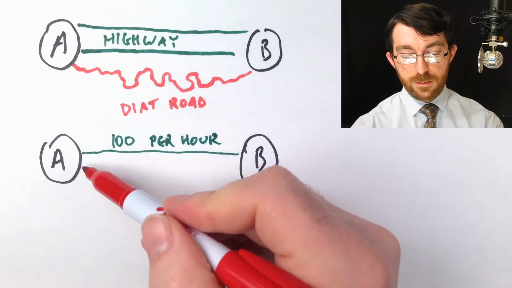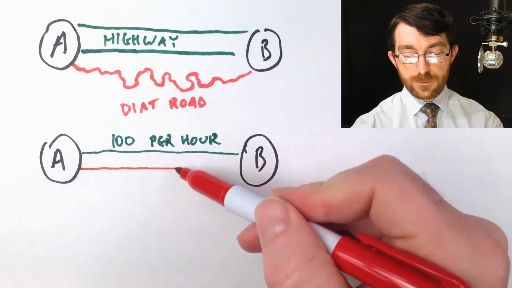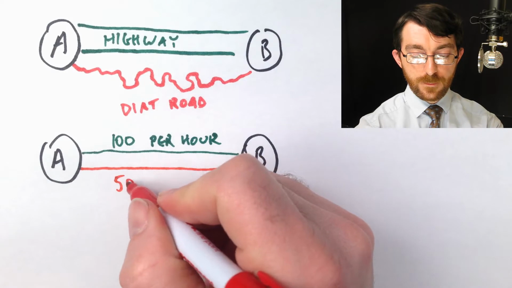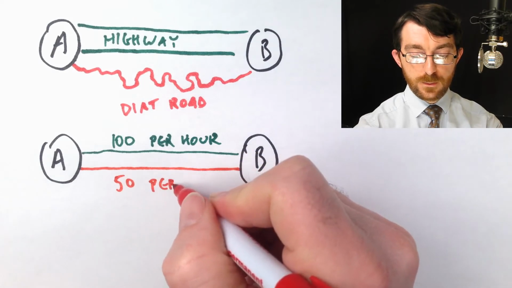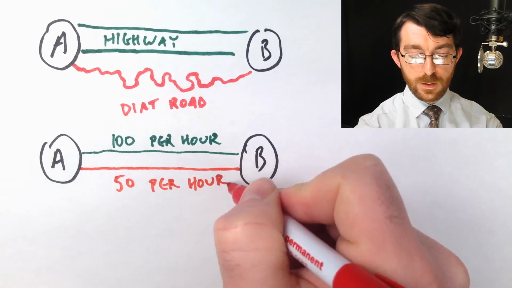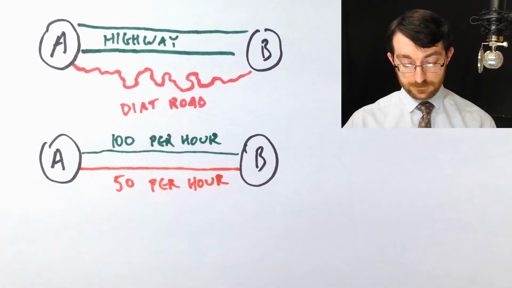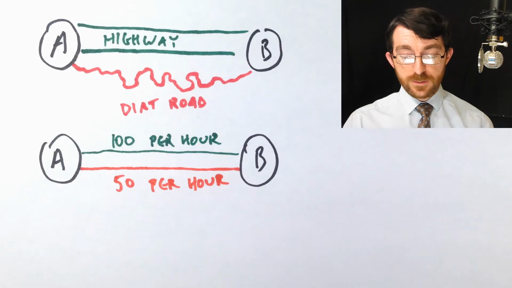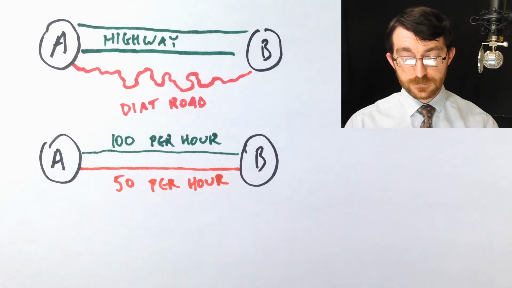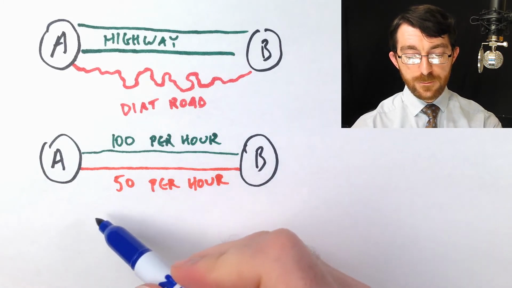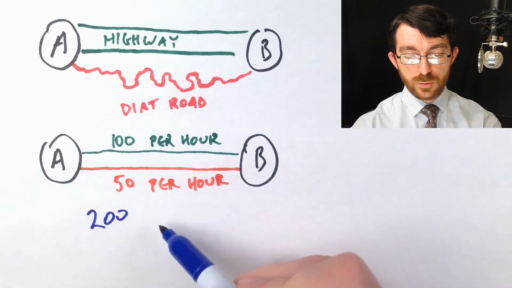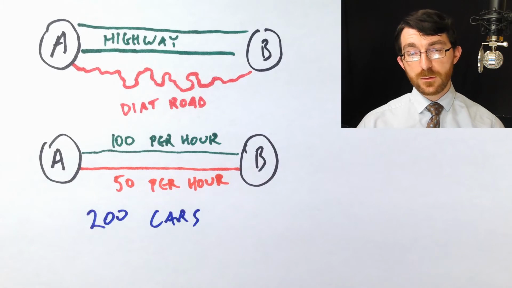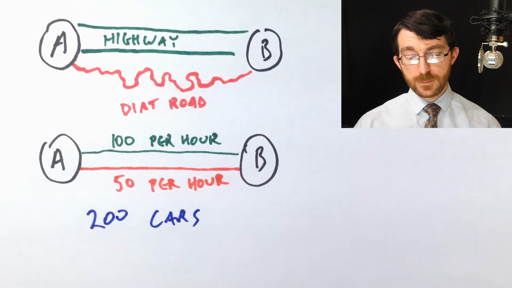The red path is capable of transporting 50 cars per hour. Okay. Now, here's how we're going to quantify this. Let's say we have 200 cars that we want to transport from point A to point B.